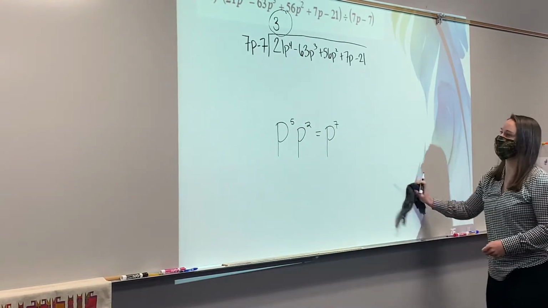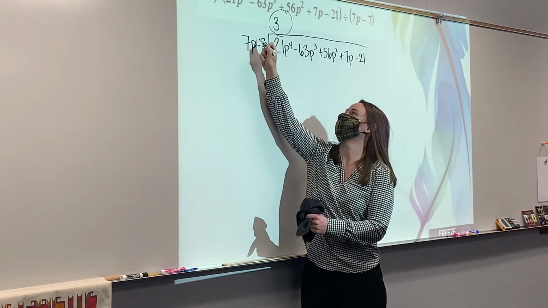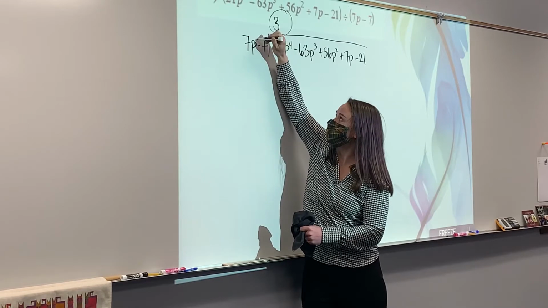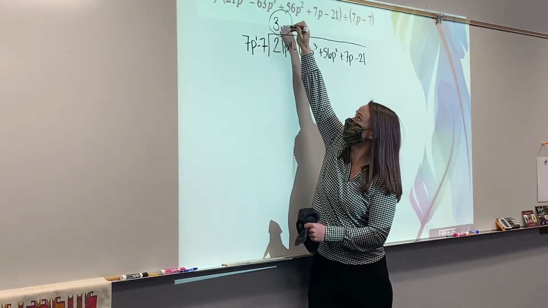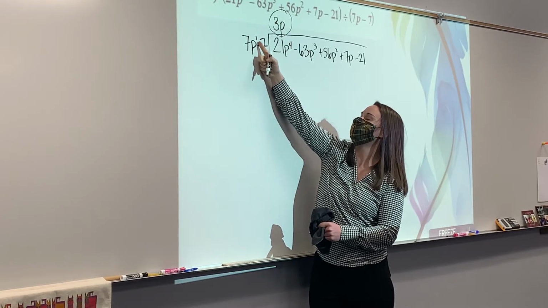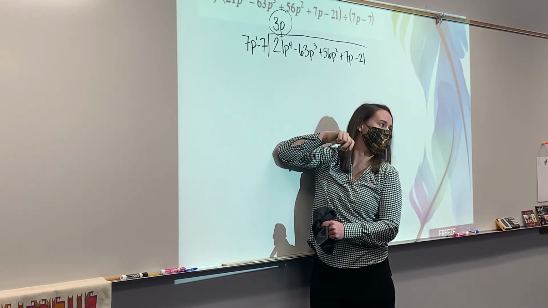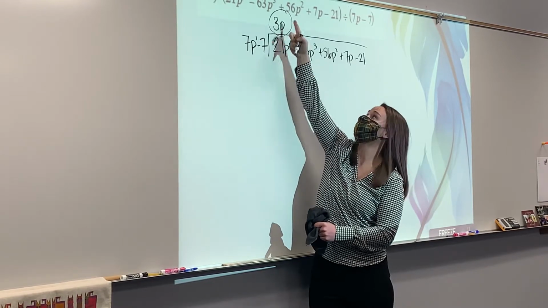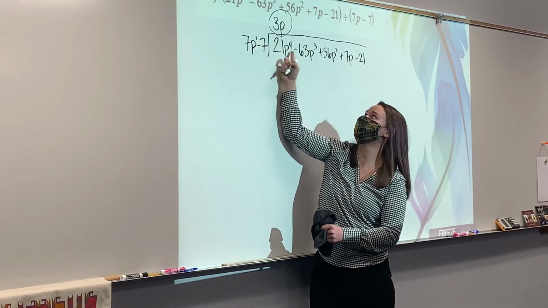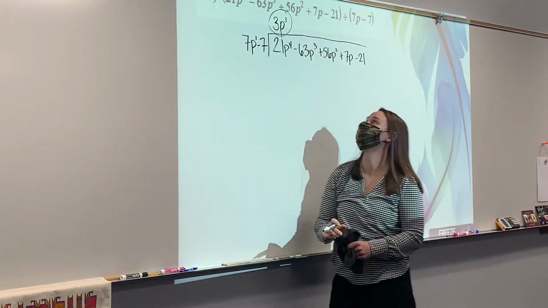I can think of this as p to the 1st. P to the what power times 7p to the 1st power will give me p to the 4th? 4 plus 1 would give me 5, so it's going to be p to the 3rd power.